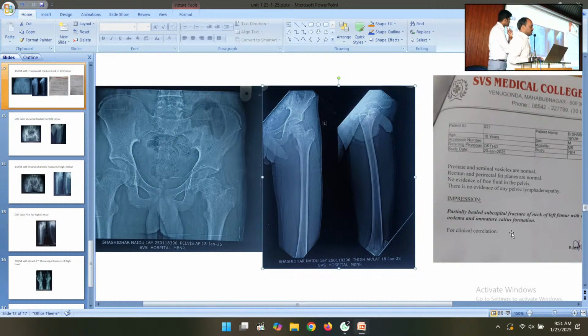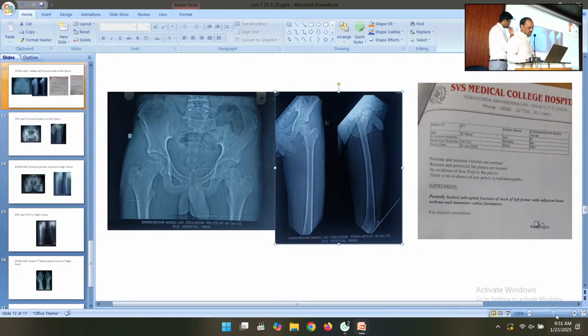CT will give a better understanding about healing, not MRI. Avascular necrosis doesn't happen in 6 weeks. So MRI has no indication here. It will take at least 3 months for the changes to be seen.